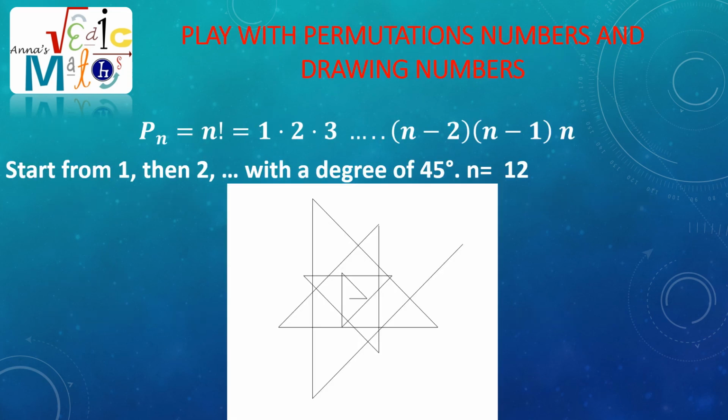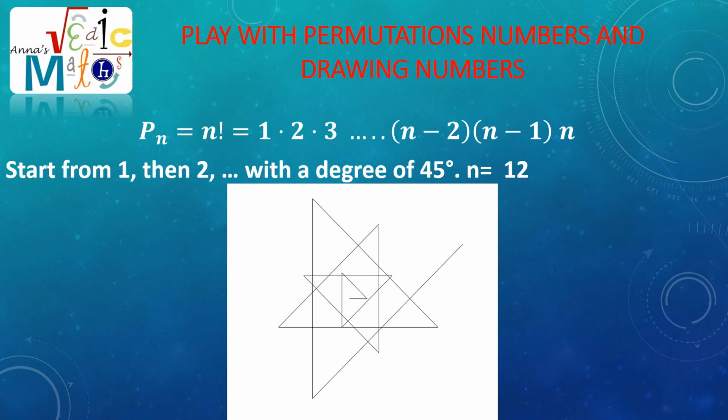Drawing numbers is important to activate the left brain and also helps us and our students understand numbers' underlying reality. It's also a pleasure. If we have the permutation of n elements, we can also write the permutation in reverse order due to the commutative property.